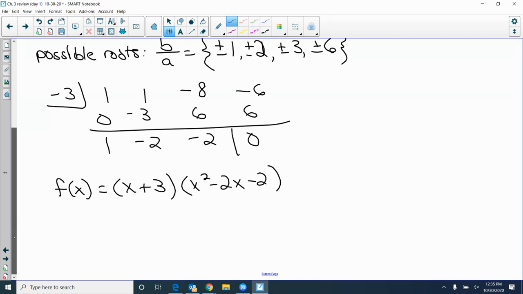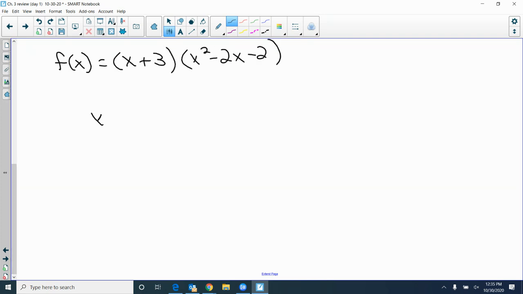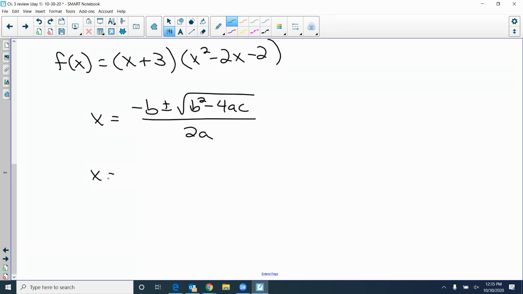And so I need to use x equals negative b plus or minus the square root of b squared minus 4ac all over 2a. Plug those in, simplify, see what we get. Opposite of negative 2 is 2.